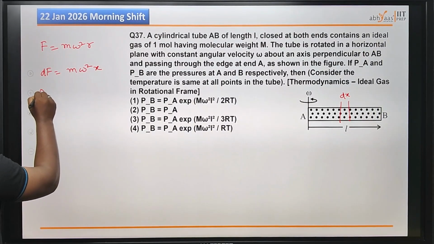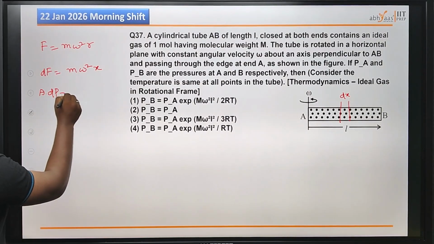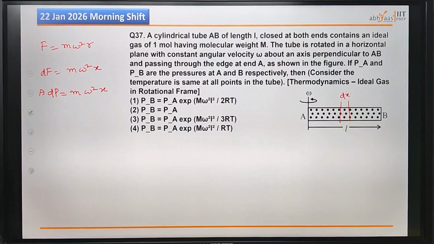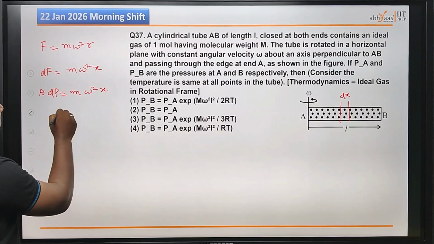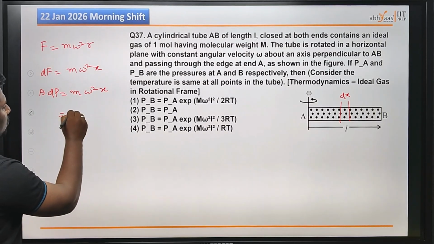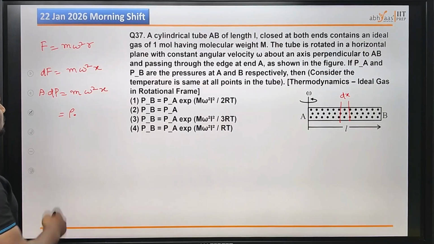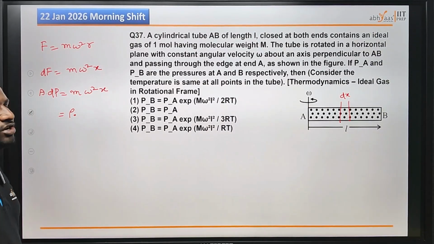So A into dP can be written as dm omega square x. If you want to change this mass and cancel that area, so rho into volume, where volume is area into length.